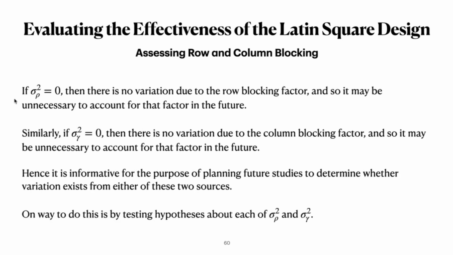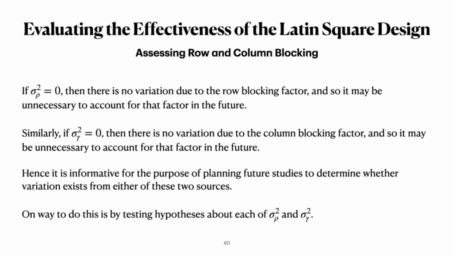Now, if sigma squared sub rho is equal to 0, then there is no variation due to the row blocking factor, and so it may be unnecessary to account for that factor in the future. Similarly, if sigma squared sub gamma is equal to 0, then there's no variation due to the column blocking factor, and so it may be unnecessary to account for that factor in the future as well.